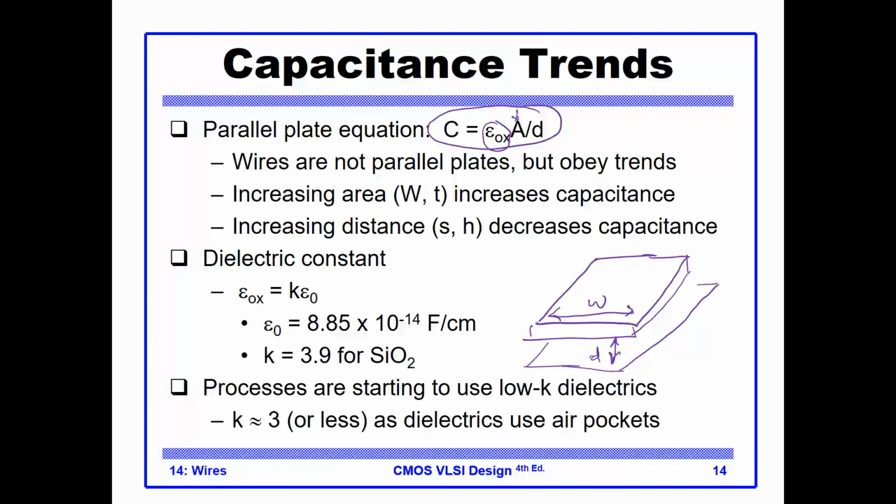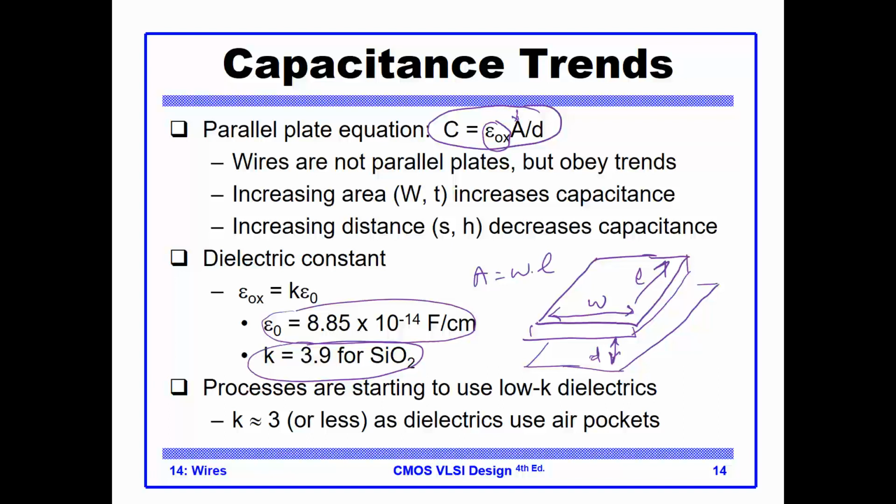The area here typically is length times width. The dielectric is K times epsilon naught, where epsilon naught is for free space, and K for silicon dioxide, which is the isolating material here, is 3.9. That was in the old processes.